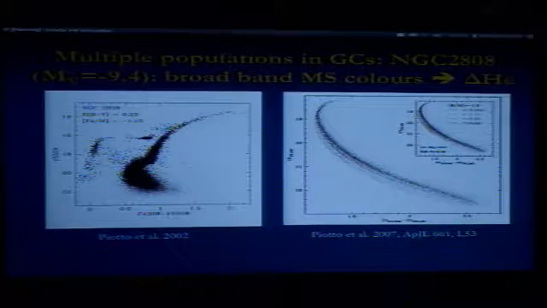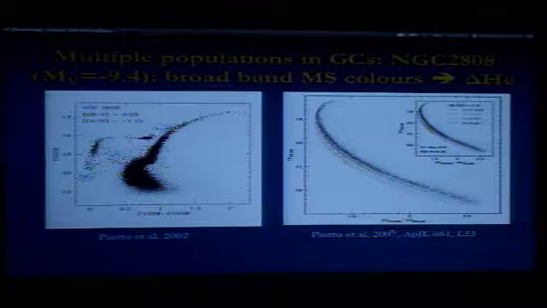In the same year, this was 2 years later, Piotto et al. discovered in the color magnitude diagram of NGC 2808, a cluster in which there is no significant variation in the iron abundance, that on the main sequence there are 3 sequences that you can see here.